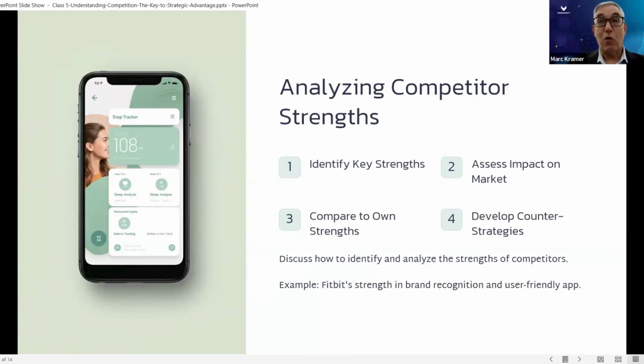Is the look and feel of the different cars that VinFast makes appealing to the Vietnamese market over the Chinese market? Comparing the strengths of what's inside the car, what kind of warranty are they giving? And once you understand what the competitor is doing, then you have to develop counter strategies. How are you going to beat them?